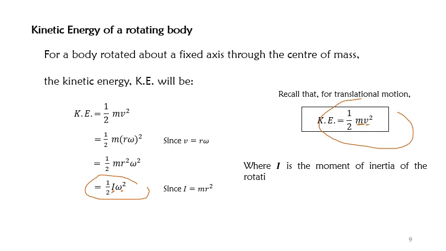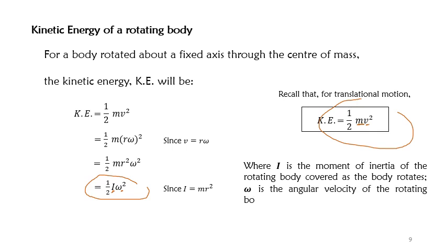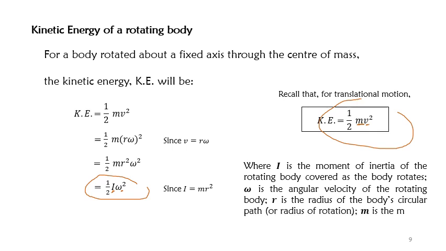You have what each parameter stands for also. I is the moment of inertia of the rotating body, and omega is the angular velocity of the rotating body. R is the radius of the body's circular part, or radius of rotation, and m is the mass of the body.